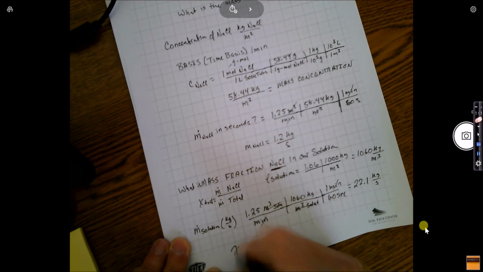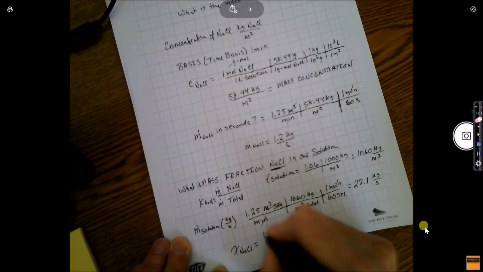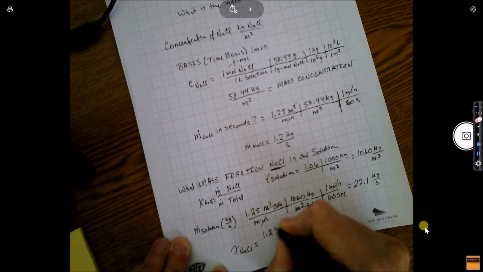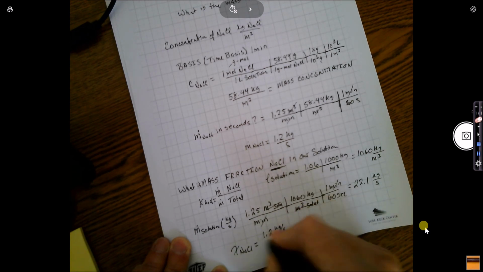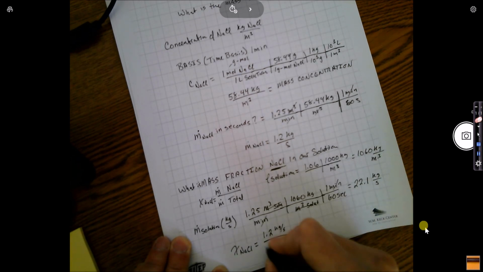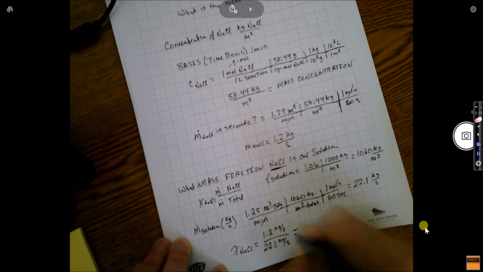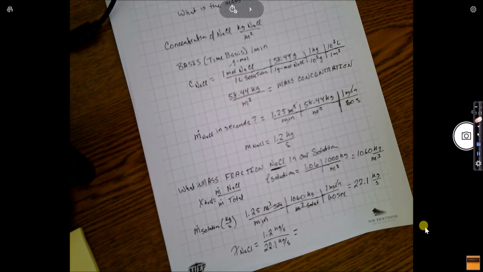So the mass fraction of NaCl, good old-fashioned table salt, is the ratio of 1.2 kilograms per second. I'm not really doing the railroad track method because you know the units are going to cancel, but feel free to do it if you see fit. Over 22.1 kilograms per second.